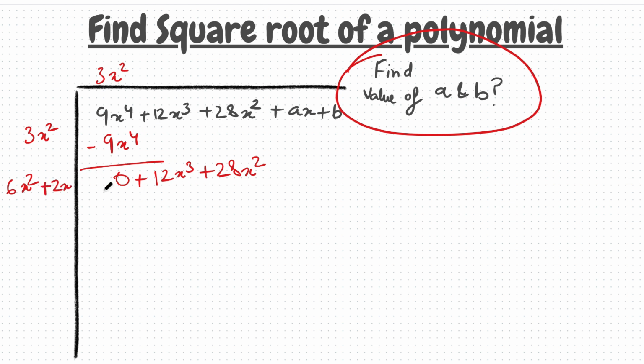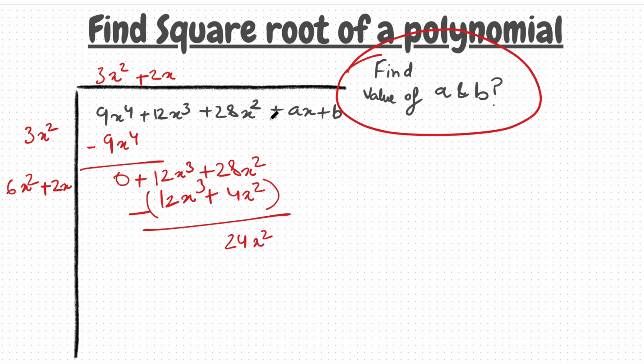So let's write plus 2x here and plus 2x in the answer. And now multiplying 6x square plus 2x with plus 2x, we will get 12x cube plus 4x square. And if we subtract this from the upper one, we will get 24x square.